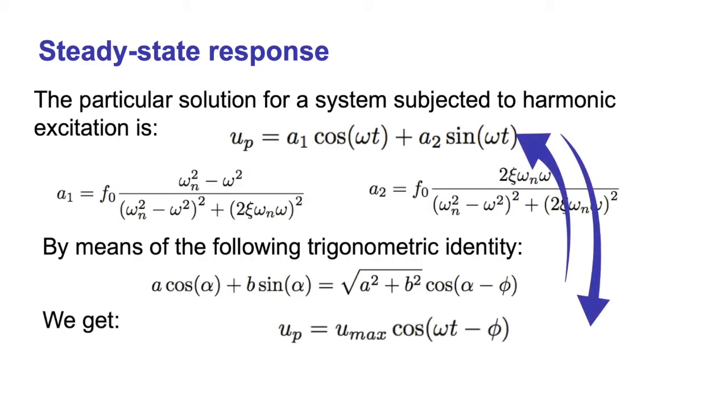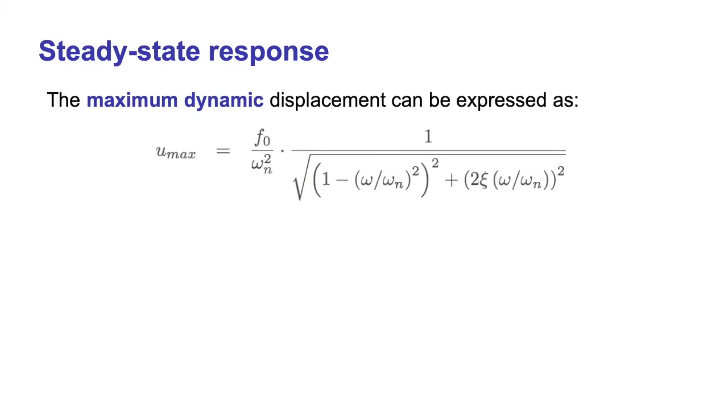Here Umax is the amplitude of the displacement response and phi its phase. The amplitude Umax can be found by combining the squares of the A1 and A2 coefficients and taking the square root of that sum. Through some mathematical manipulation, we arrive to the following more compact expression for the displacement amplitude Umax.